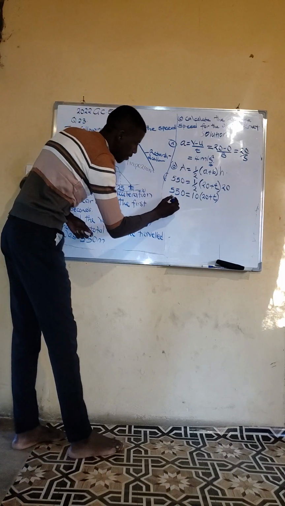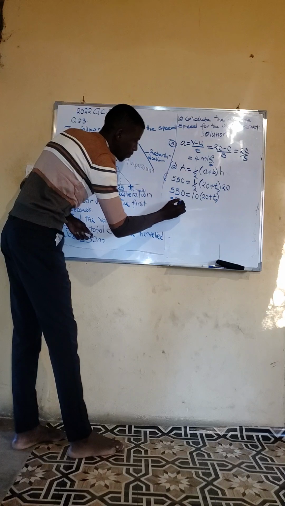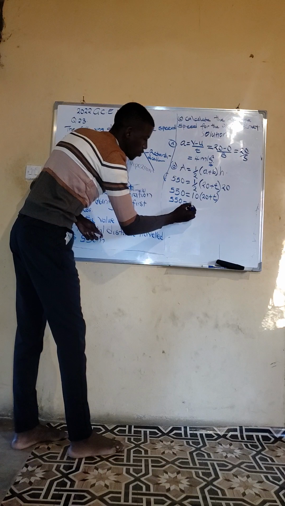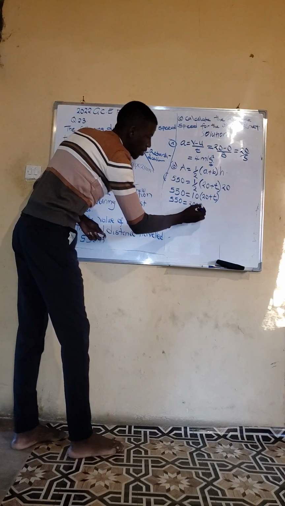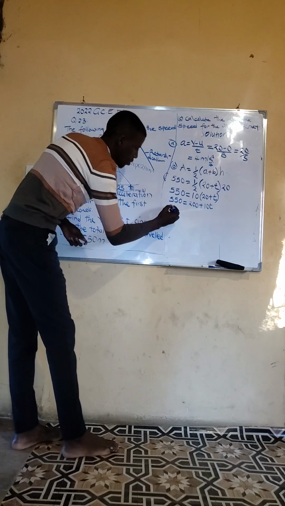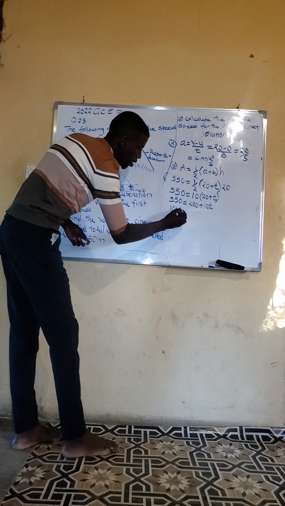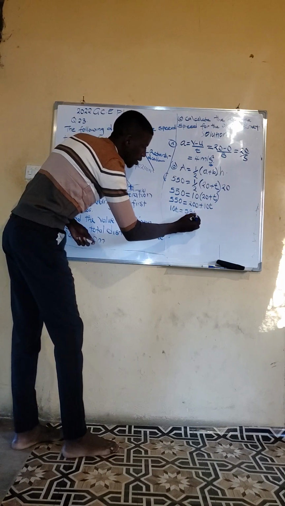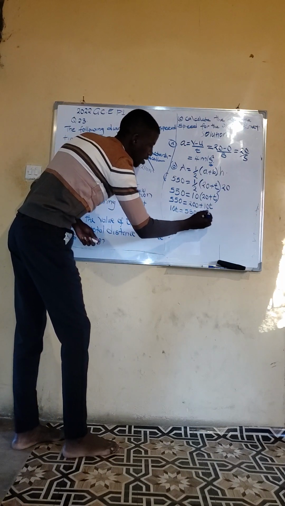So we're going to have 550 is equals to 10 times 20, that is 200, plus 10 times T, that is 10T. So we're going to have 10T is equals to, when this comes to the other side, it becomes a minus 200.